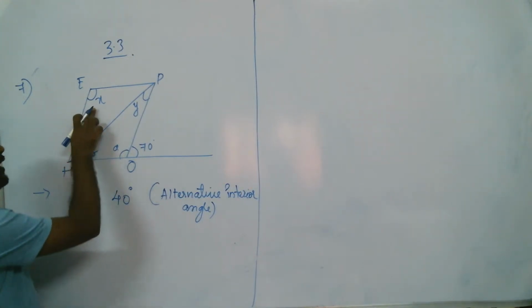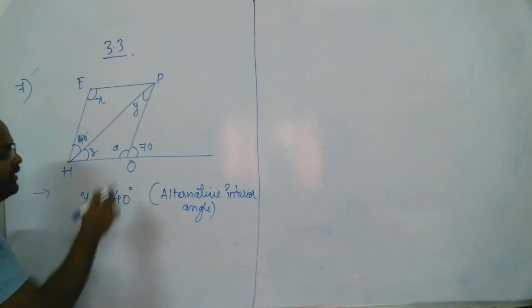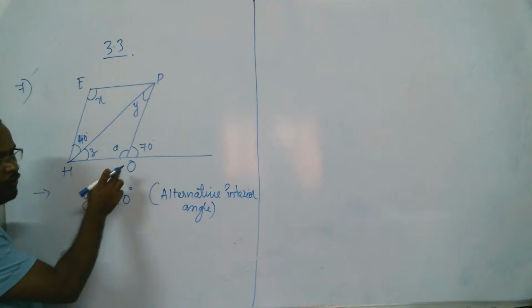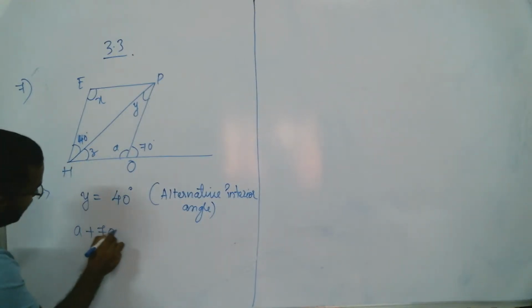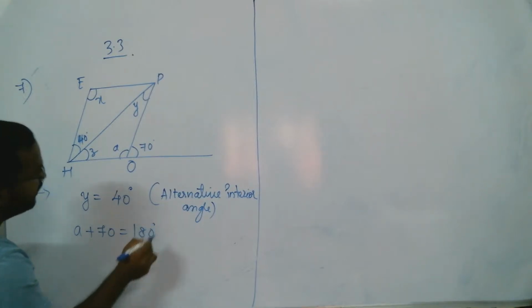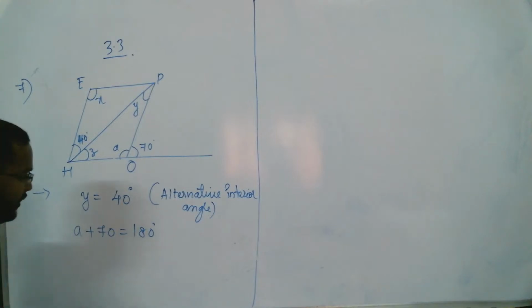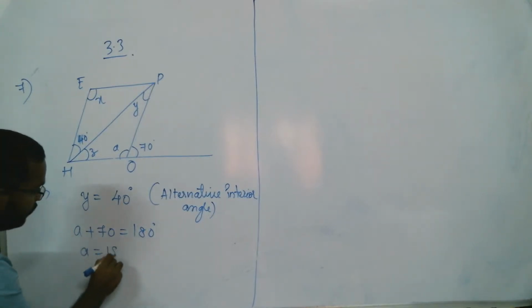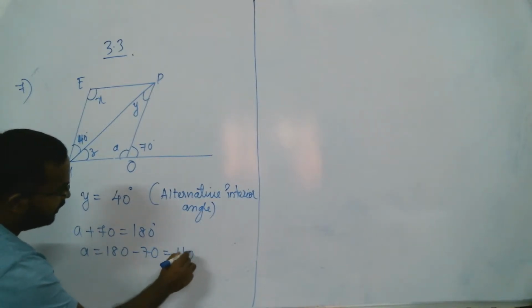First of all, you have to find the value of x, and in order to find x, you should find this angle. So A plus 70 is equal to 180 degrees, because when you add these two angles it should be 180 degrees. Then the value of A is equal to 180 minus 70, which is 110 degrees.